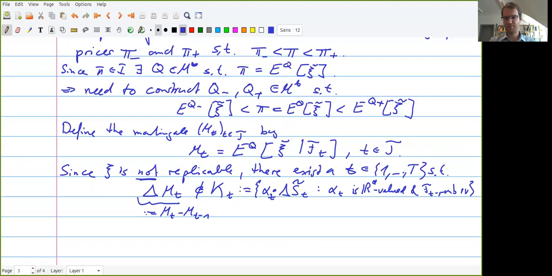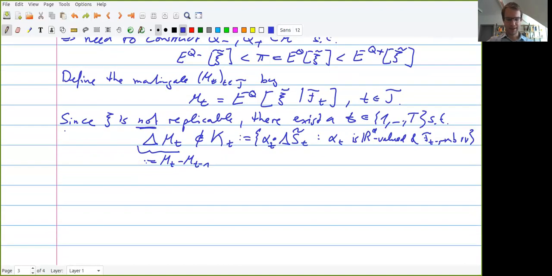Because, would there be no such t, then we would immediately have a replicating strategy. So there has to be at least one time step in which we cannot replicate the movements of this martingale.